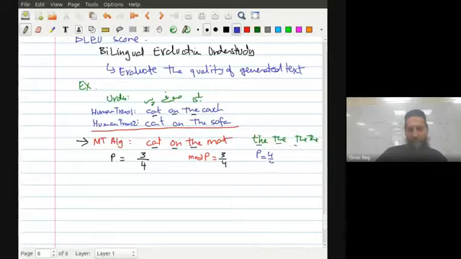So that would be 4 by 4: 4 words generated and 4 of them exist in the translation. So that would be 1. Similarly, modified precision would say no, "the" should not be counted 4 times. It does exist, so 1. The number of words generated is 4, so that's 1 by 4. So that's the modified precision.